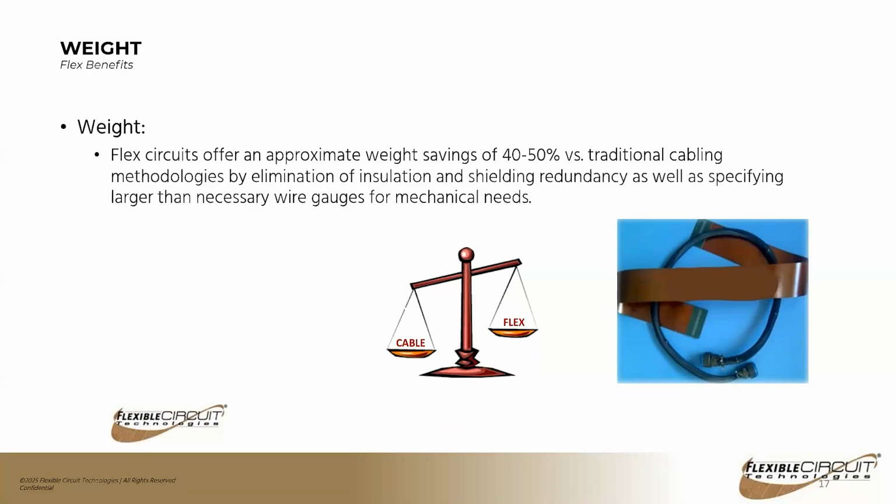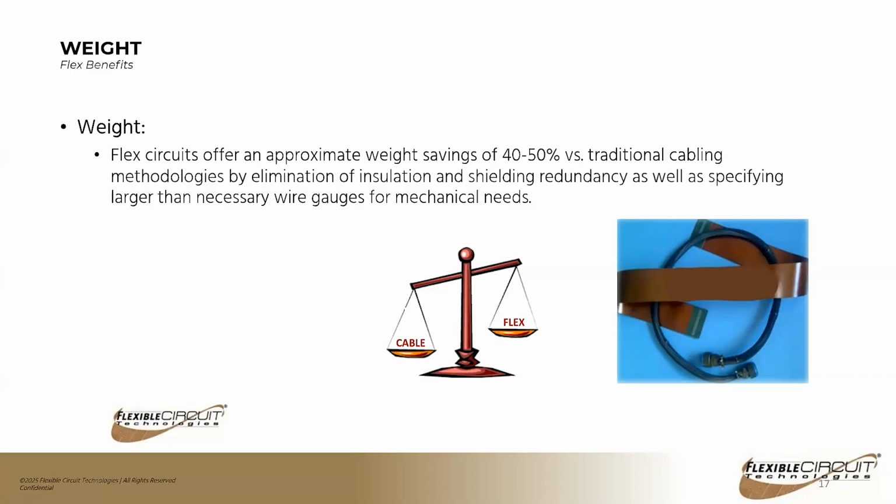And then weight itself, you can figure roughly a 40 to 50% weight savings when you compare a flex circuit to traditional cabling. Oftentimes this is due to the reduction or elimination of insulation and extra shielding that comes with those cable harnesses.